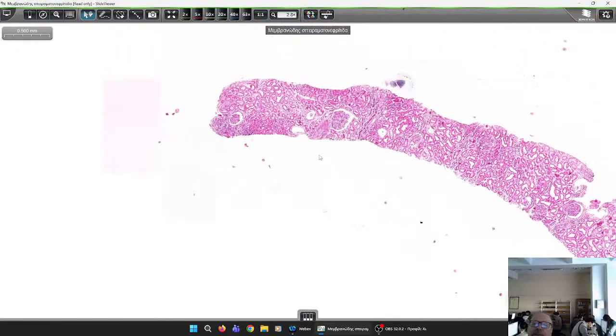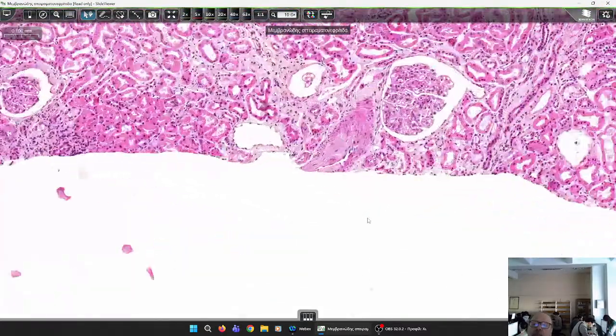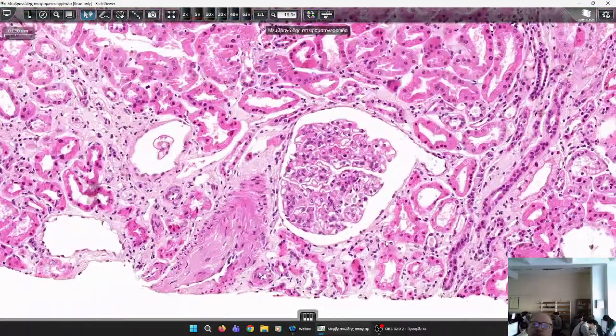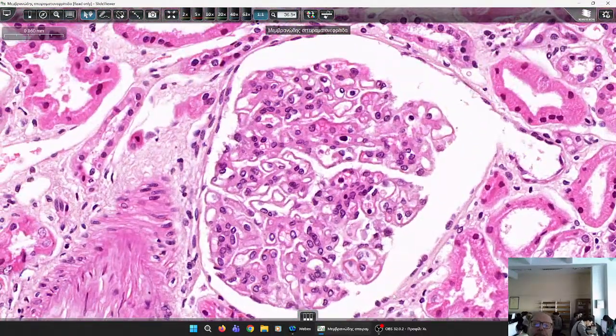Membranous glomerulopathy is an immune complex deposition related glomerulopathy.